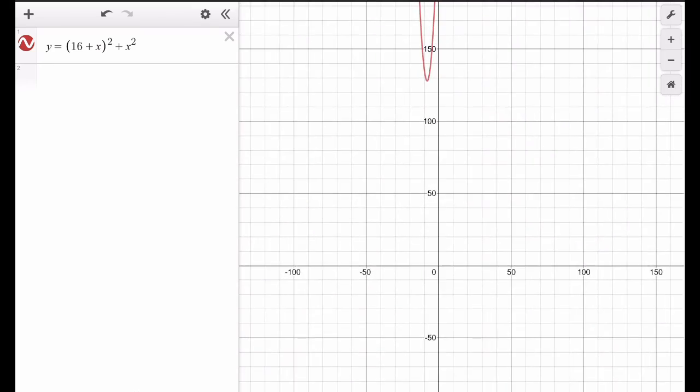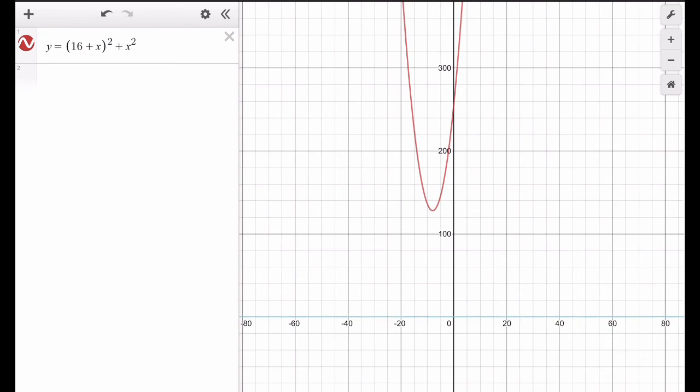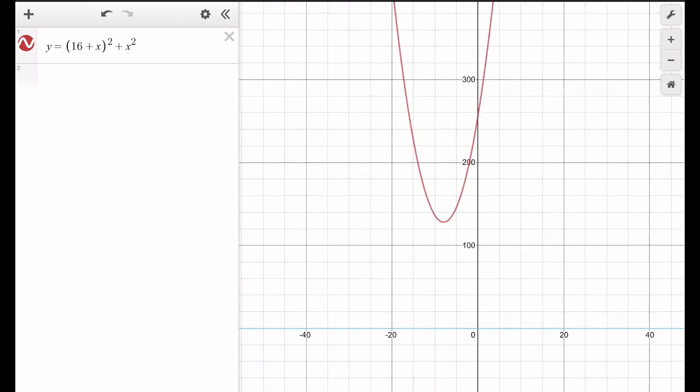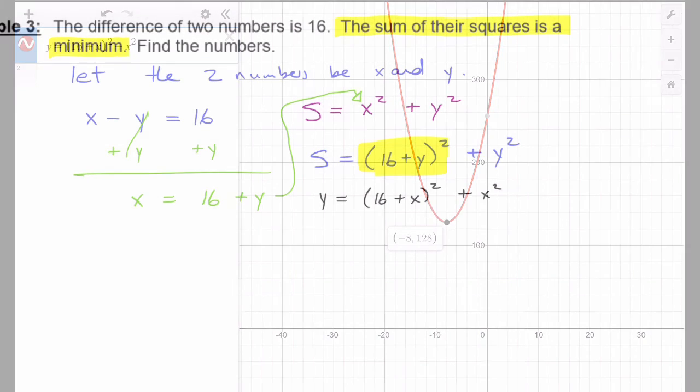Oh, there we go. So my fingers are right on the x-axis and they're moving apart and makes it go thicker. Didn't need to do that because all we actually need to find is this minimum. It's negative 8, 128. And that's all we're looking for.